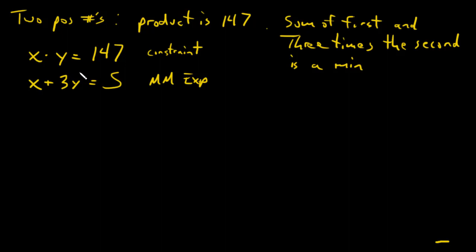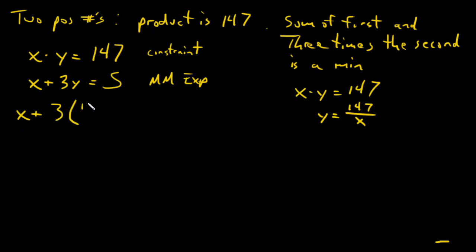So if I do that, let me solve for y. X times y equals 147. Y is equal to 147 over x. Okay? So I will have x plus 3 times 147 over x equals s.